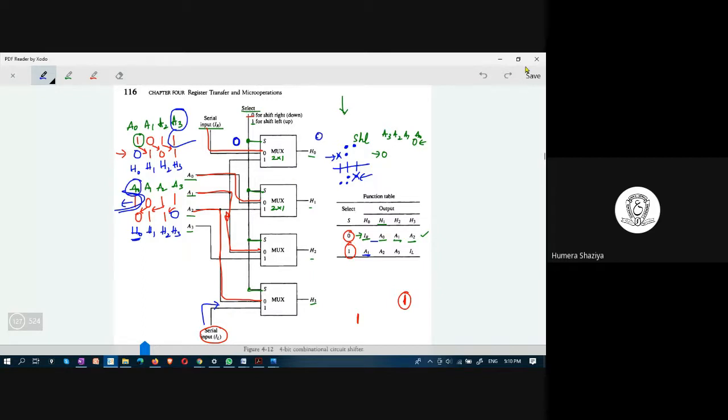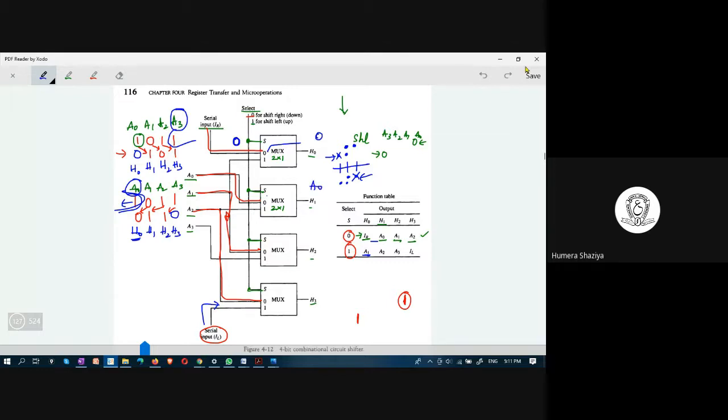You see here, this is serial input to 0. When S is 0, 0 is coming out as output. So you get 0 as output. When S is 0, here also you get 0 output. To 0, what is connected? A0 is connected. So here you get A0.